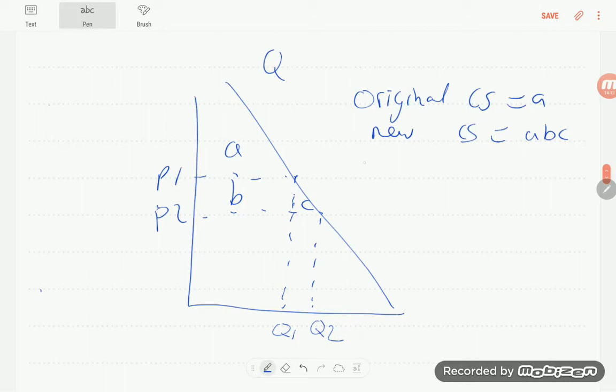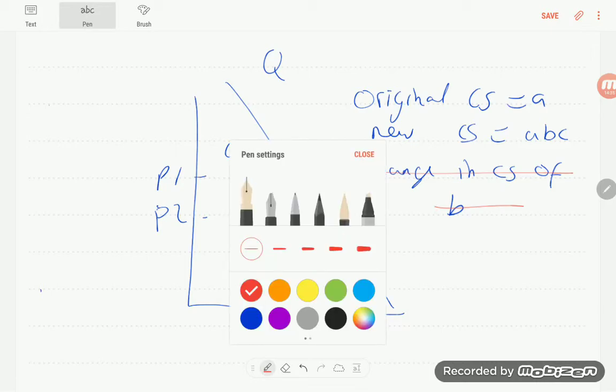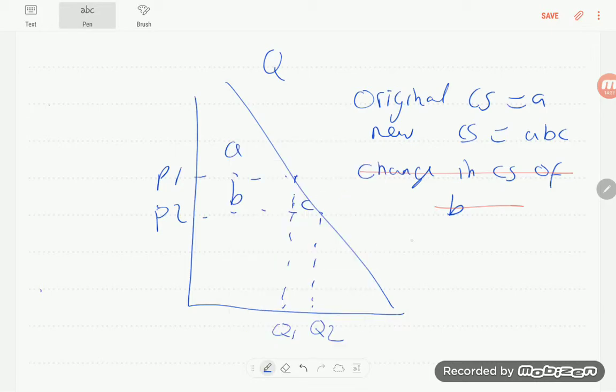Now, a very weak student would put down changing consumer surplus B. Straight away we're going to put a red line through that because that's hopeless. Look, the change in the consumer surplus is not just B, for starters, and it's not even called a change.